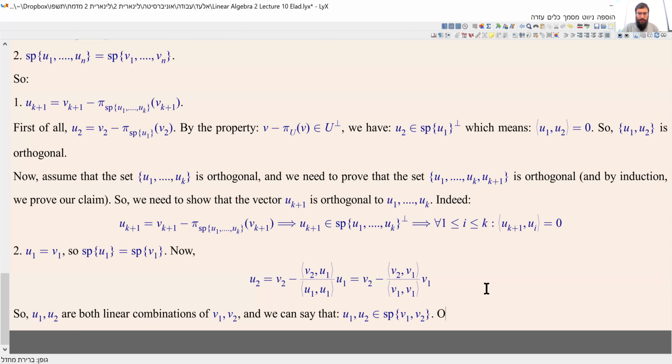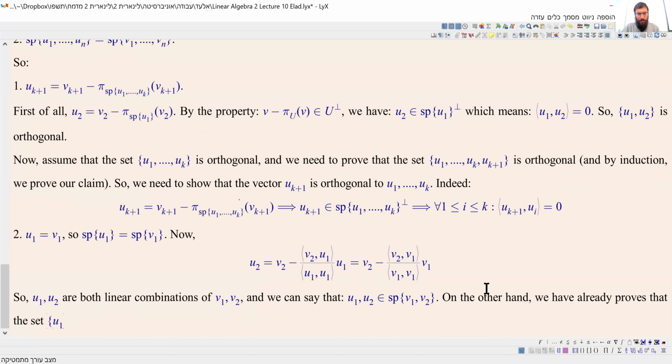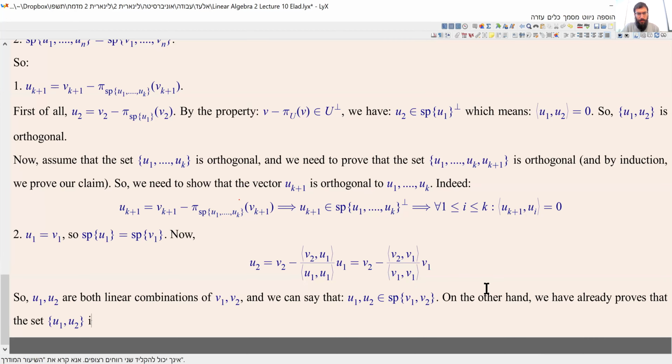But on the other hand, we have already proved that the set u1, u2 is orthogonal.